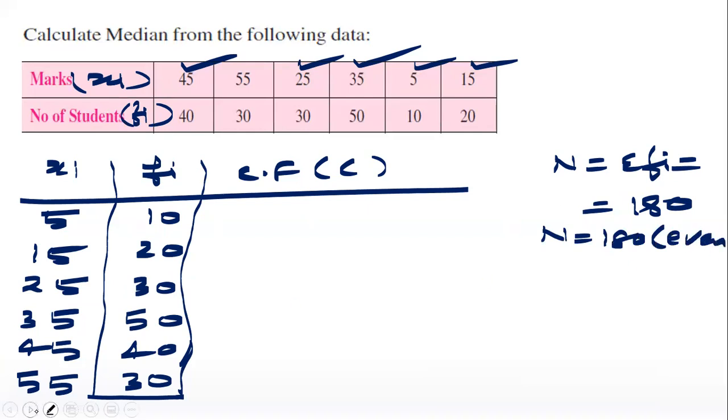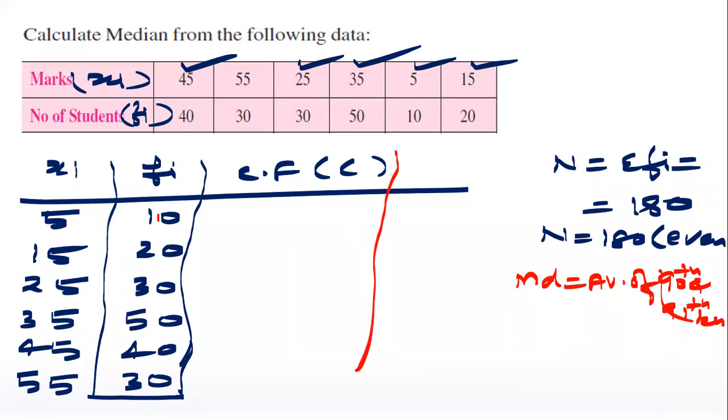The median would be the average of the 90th and 91st terms. First find the cumulative frequency: 10, 30, 60, 110, 150, 180.